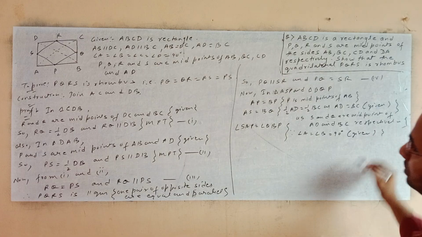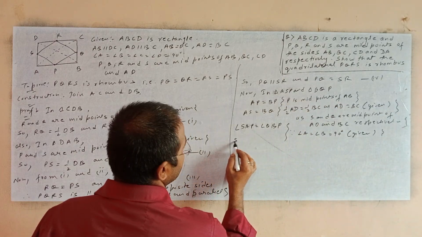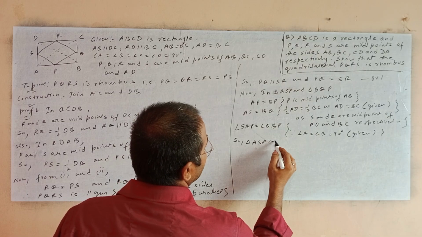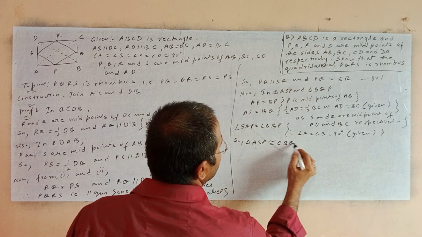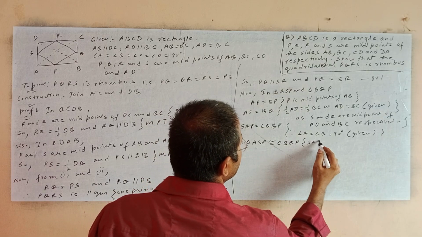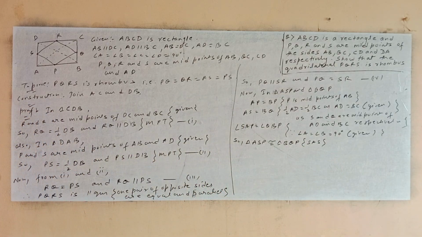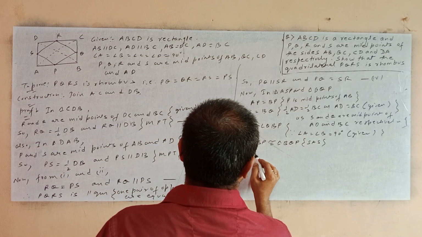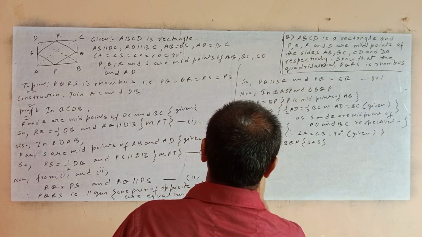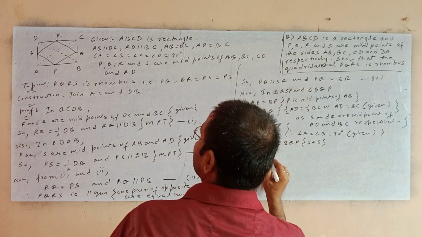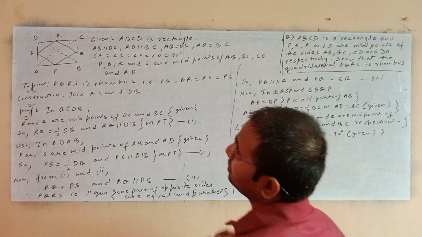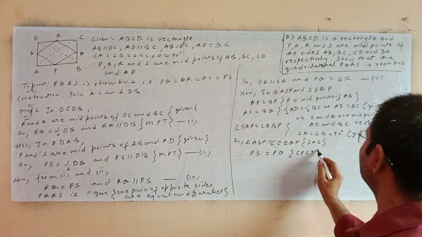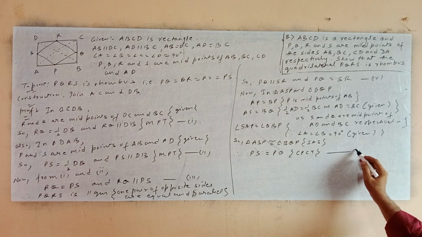Write down. So triangle ASP is congruent to triangle BQP by SAS criteria, two sides and one included angle. Therefore, you can say that PS is equal to PQ by CPCT, and this is the fifth equation.